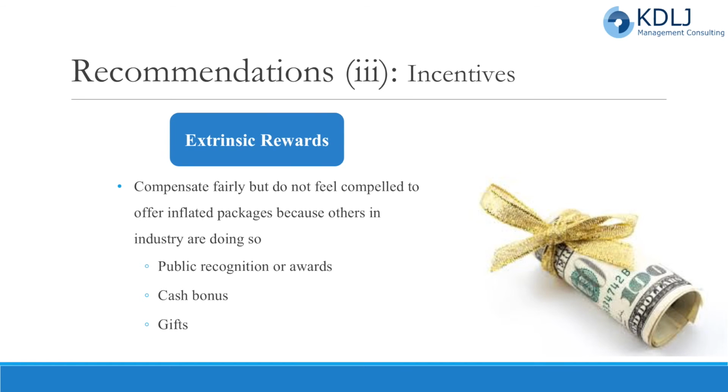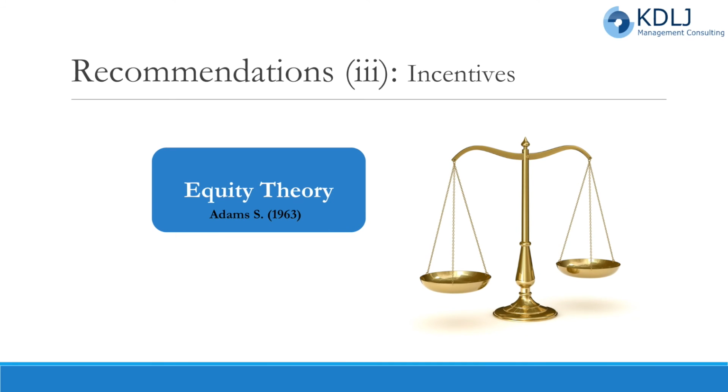On the side of financial rewards, Hasbro should have fair but not excessive compensation packages. Hasbro should not allow itself to be subjected to labor market changes by inflating wage packages, but seek to attract staff through non-financial incentives as well. Another issue to keep in mind is that inequality in extrinsic rewards may cause distortion in individual performance.